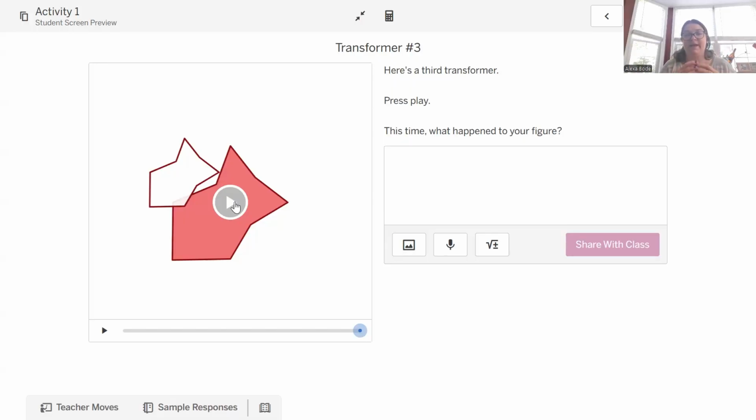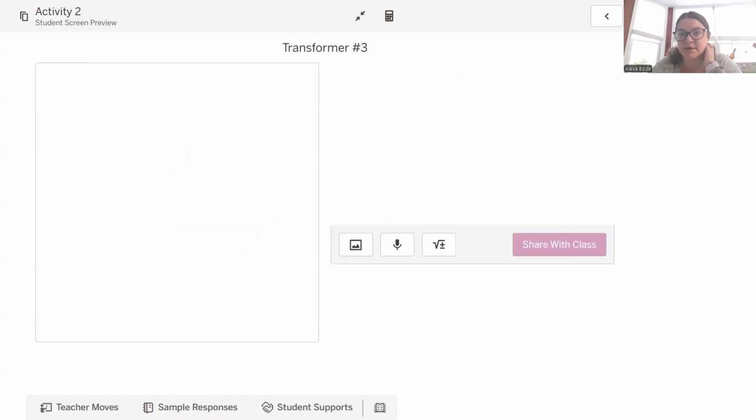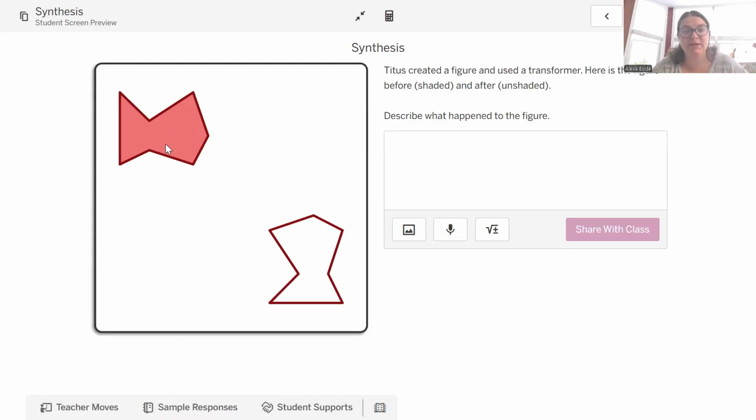It slid diagonally to the left and up, is how I would describe that. So looking at this one, it went from here to down here. So one, you can tell it's facing a different direction and it's also been moved.